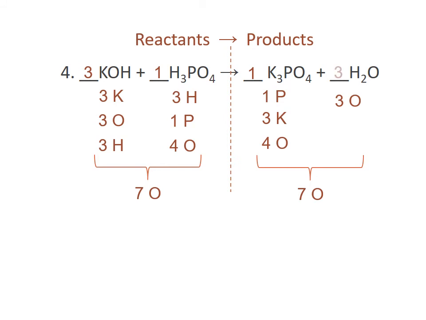So I will place a 3 in front of the H2O. And that will give me 6 hydrogens. So to confirm I've done everything correctly, I will check my hydrogens. I have 6 on the right-hand side. On the left-hand side, I have 3 and 3, which is a total of 6. So I confirmed all my elements have balanced.